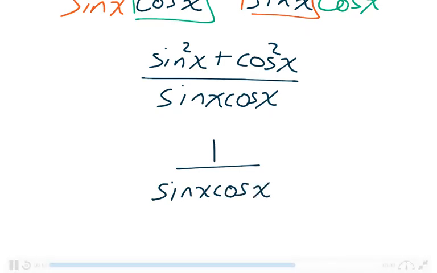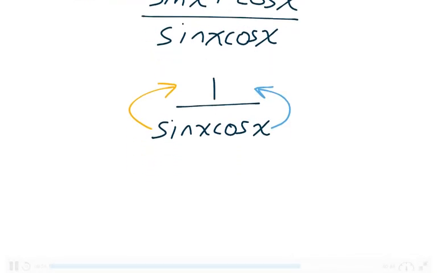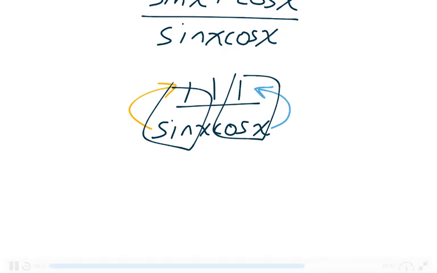Now the cool thing here is that both of these, because it's 1 over, can be flipped up to the top, which would change each of these into the reciprocal function. In other words, I can think of this as 1 over sine, and I can think of this as 1 over cosine. And both of those change to be their reciprocal. Of course, a cosecant and a secant.